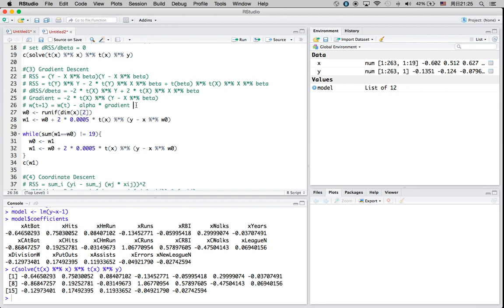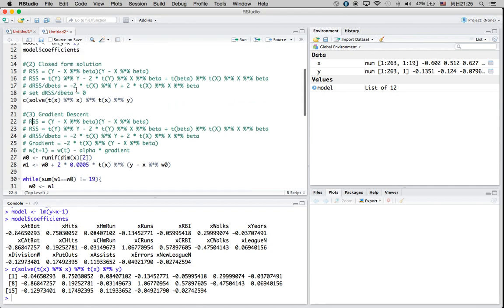The idea is that you find the gradient of your cost function, which in our case is still the residual sum of squares, and then you update and you move. The gradient will give you the maximum decrease in that direction, and then you multiply by some learning rate and keep updating your coefficient, and it will get you to the minimum of your cost function.